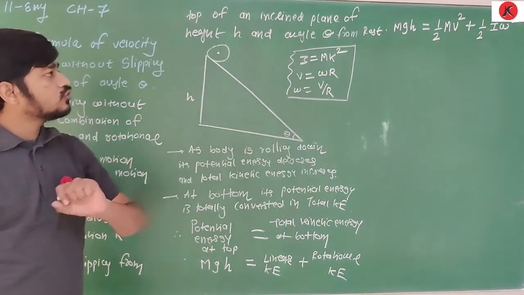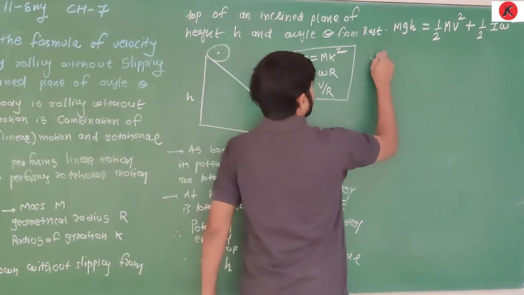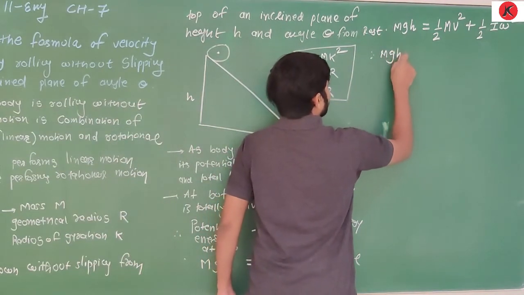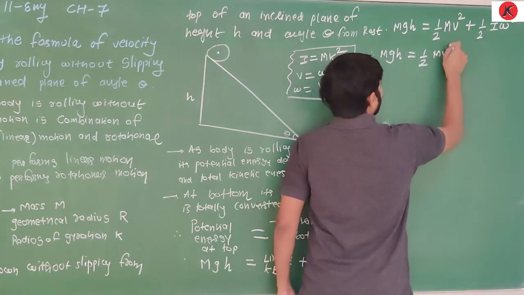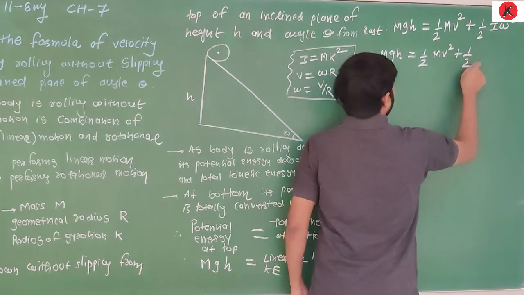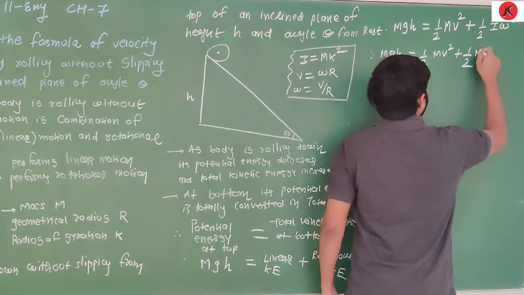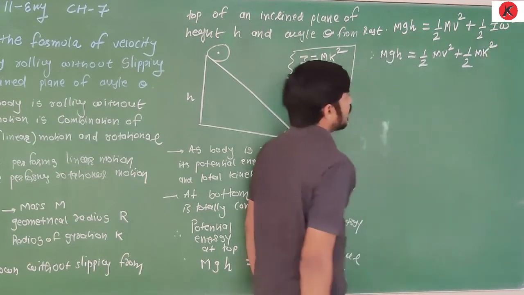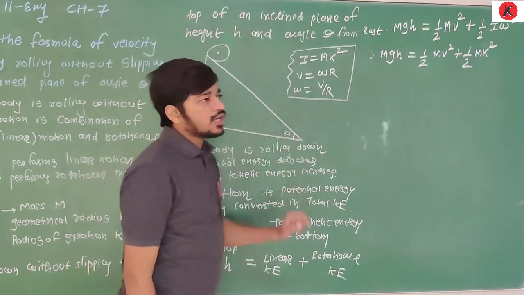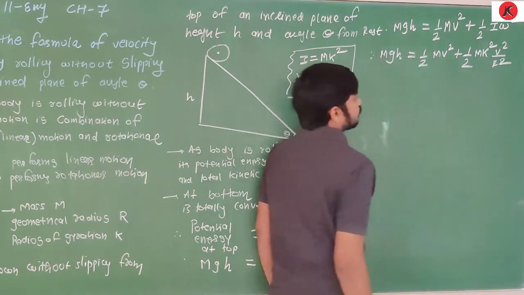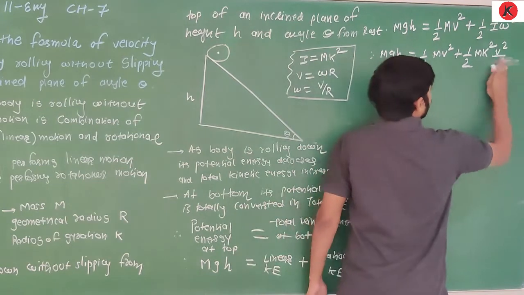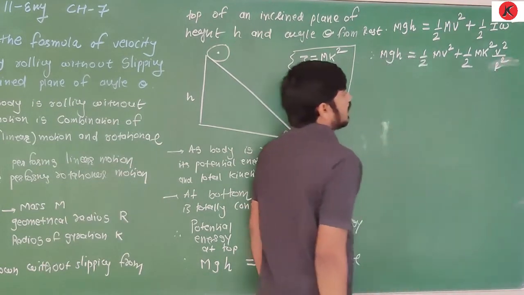I will write these two values here. Therefore mgh is equal to half mv square plus half, I replaced by mk square, omega is equal to V upon r, so omega square is equal to V square upon r square.